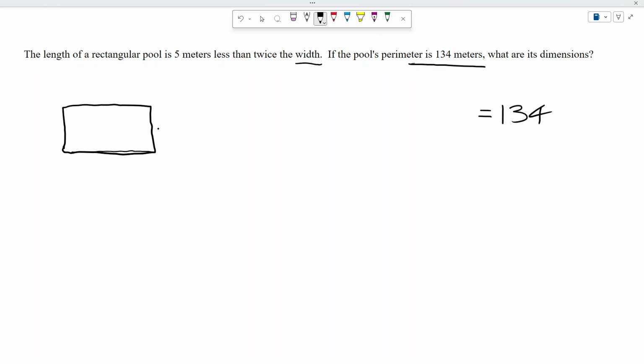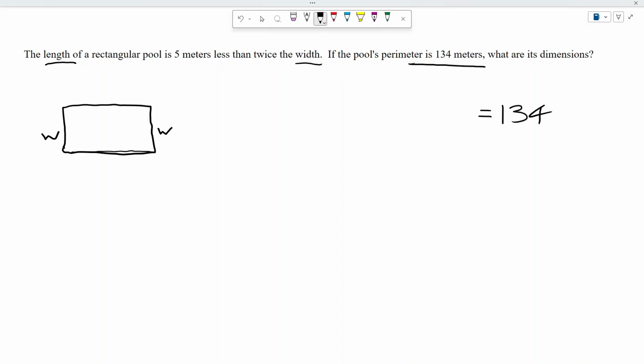So let's just call that W this time, W for width. We'll switch it up. It doesn't specify anything about that, so we'll just call that W, but it does tell us a little something about the length. It's telling us that it's 5 meters less than twice the width.